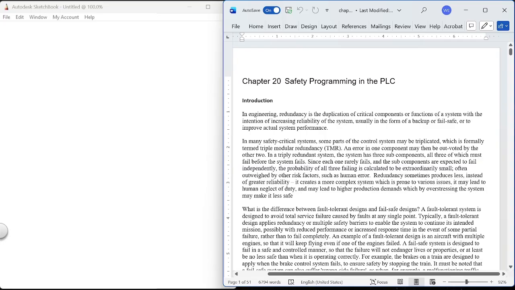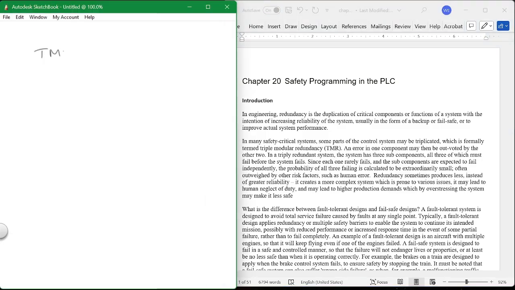Now, what do I mean by safety? Well, if I were to get on board a rocket ship to go to the moon, I would want what we call TMR. What does TMR stand for? It stands for triple modular redundancy. In that case, you have 3 computers running the system.